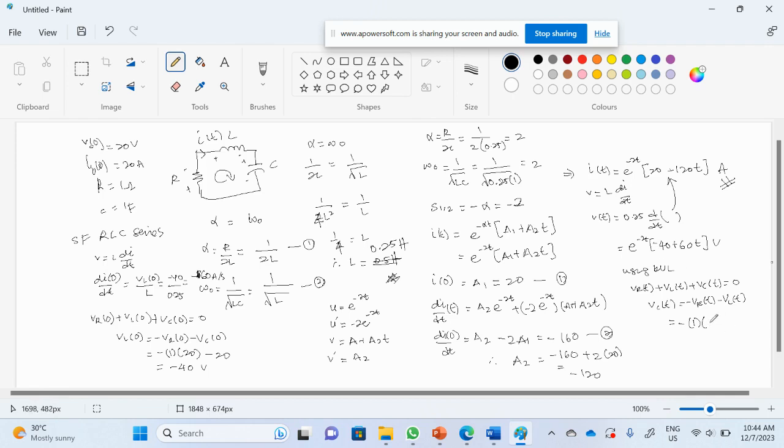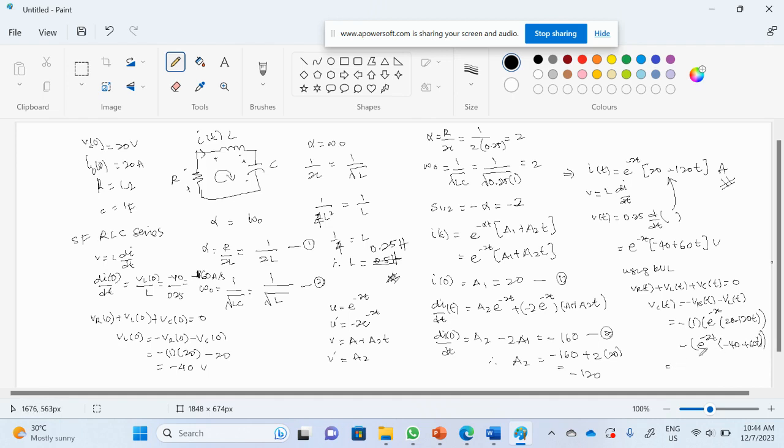Exponential negative 2t, (20 minus 120t). Okay. So, minus with vL. vL yang mana? Yang ni. Exponential negative 2t, (negative 4t plus 60t).